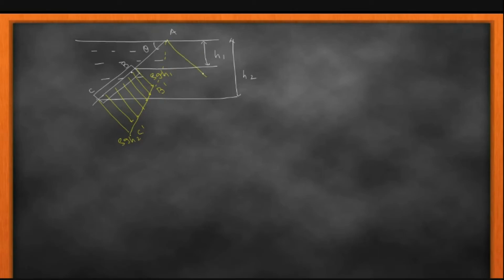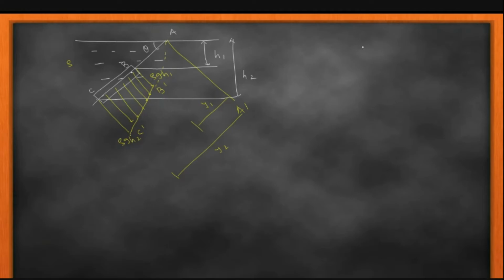Taking a reference line A dash, the distance of B is y1. Similarly for the C point, this distance is y2. The density of the liquid is rho.